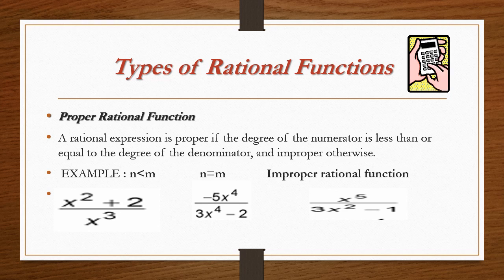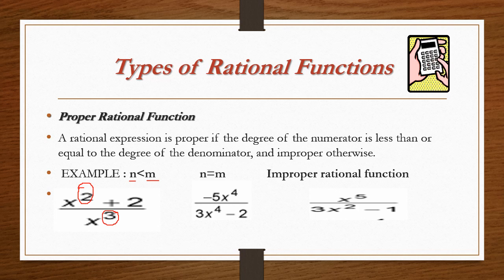In the numerator we have the exponent 2, and in the denominator we have the 3. We'll always let n represent the exponent of the numerator, and m will represent the exponent of the denominator. So in this case, it's a proper rational function because n is less than m.